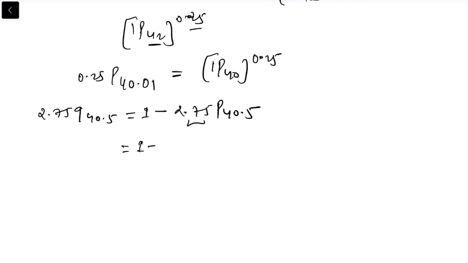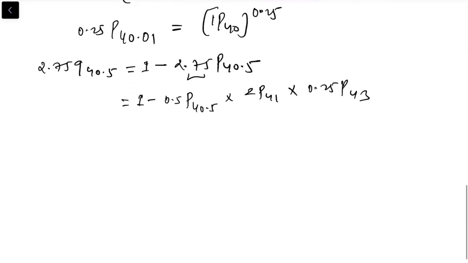So we can write this as 0.5p40.5 times 2p41 times 0.25p43, right?